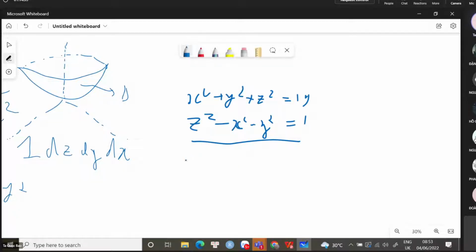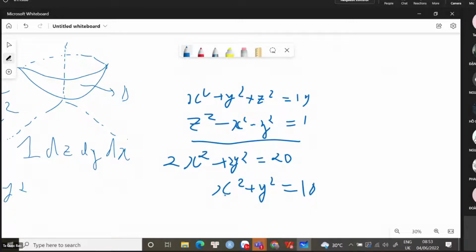Okay, so now we have x power 2 plus y power 2 equal to 10. Oh, maybe let me check this is correct.